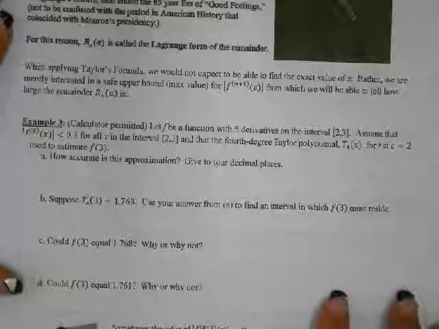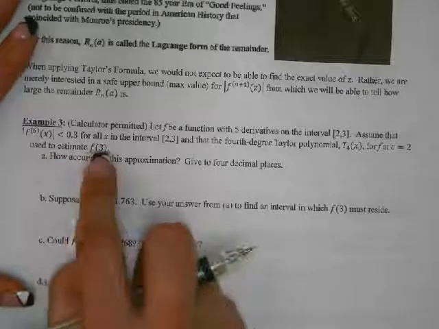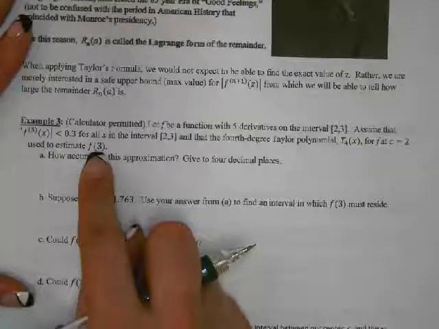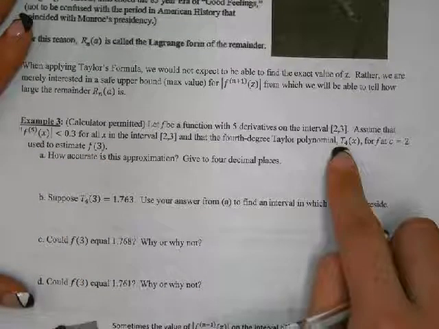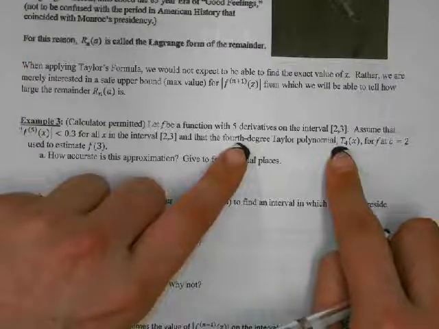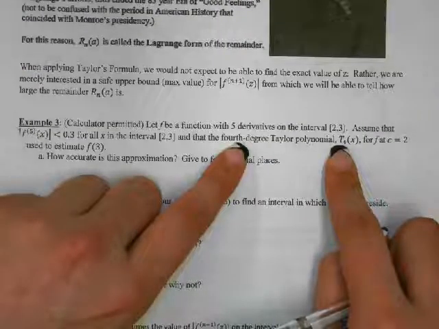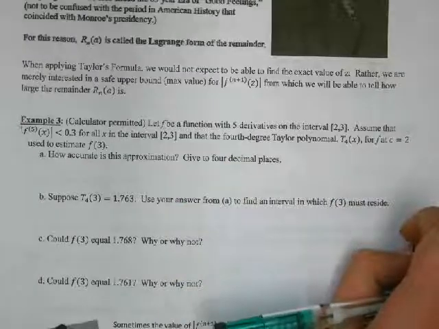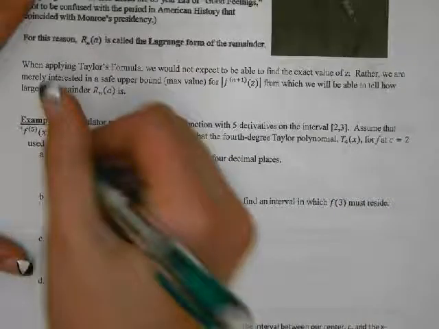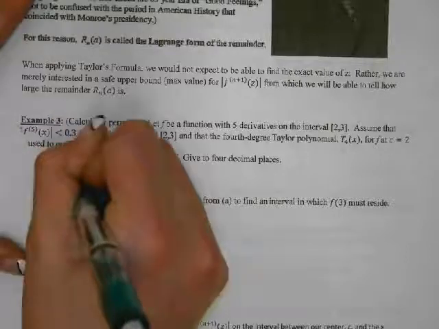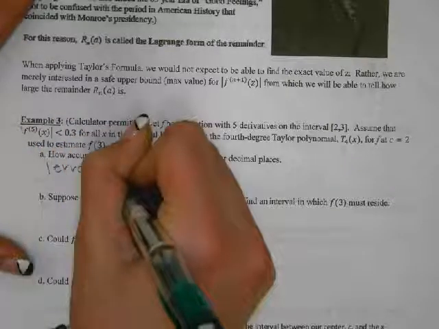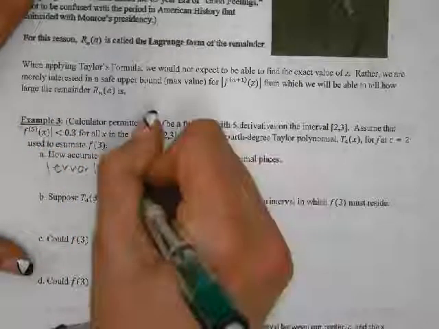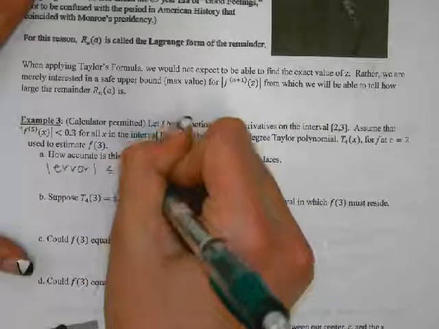So let's go ahead and do this. This first problem is saying that we're evaluating our function at 3. It's saying that they have done a 4th degree, so when we do our error, we're going to have a 5th power in there. And it's centered at c is 2. So let's think about plugging all those things in. The error is less than or equal to, and the formula says I'm going to take the 5th derivative.